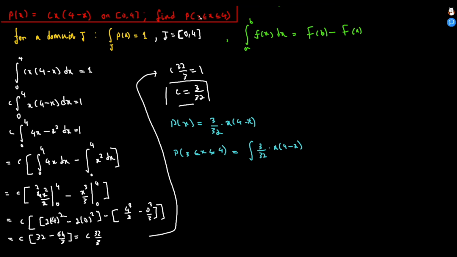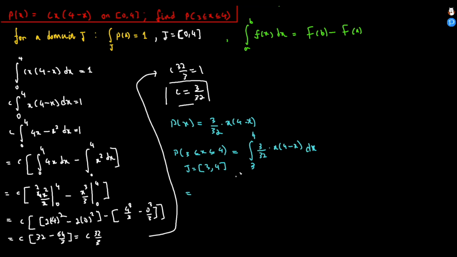So we are interested in this interval, so in this case J equals 3 to 4, between 3 and 4, and dx. Okay, and that'll give us the answer.